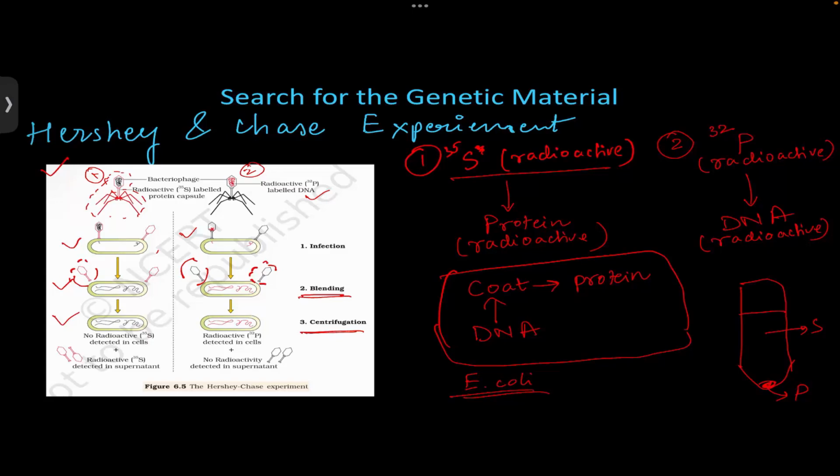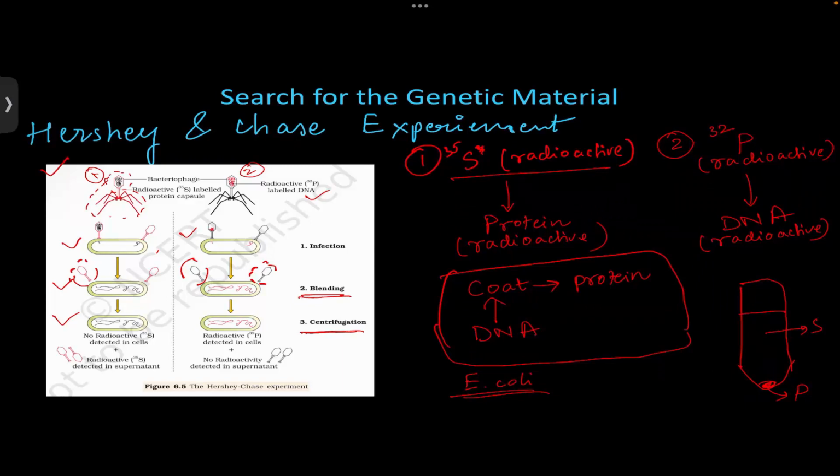Whereas the pellet will have the bacterial cell. Now we know during infection, the bacteriophage transferred its genetic material to the bacterial cell. So the bacterial cell now houses the radioactive viral genetic material, that is, radioactive viral DNA. That is why the bacterial cell pellet was radioactive in nature.